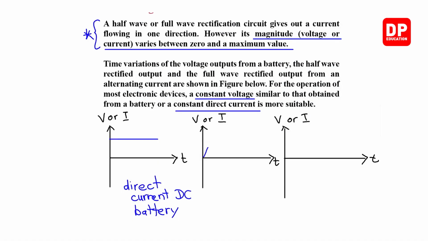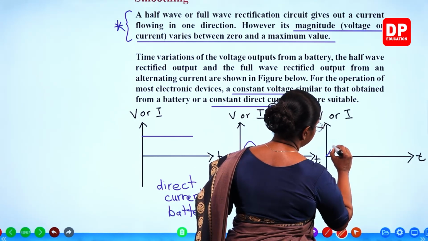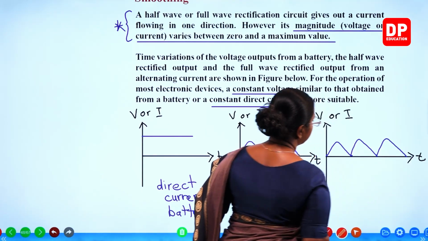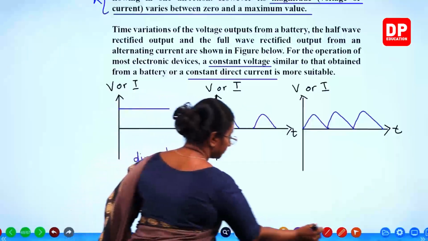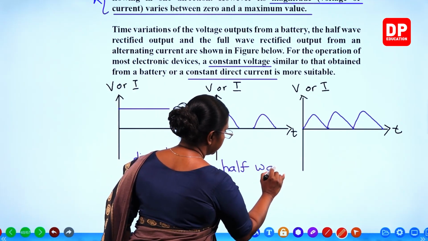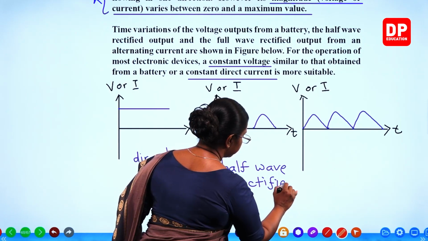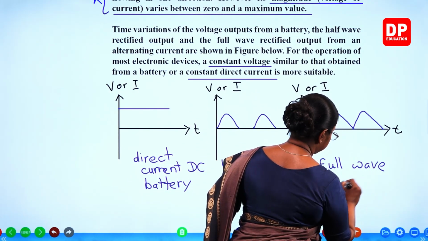Half wave rectified output, it was like that. Only the half cycles are there. Then the full wave rectified output, it was like that. Continuous. So here, half wave rectified. This is full wave rectified.